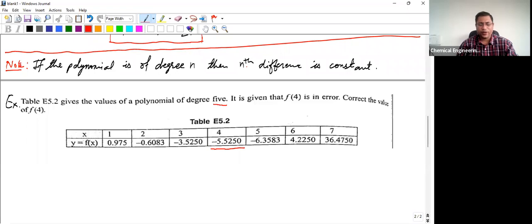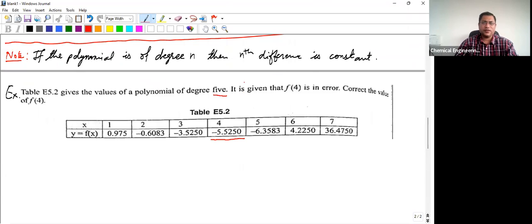So what we have to do is find the difference table. Okay, so we go with the solution.